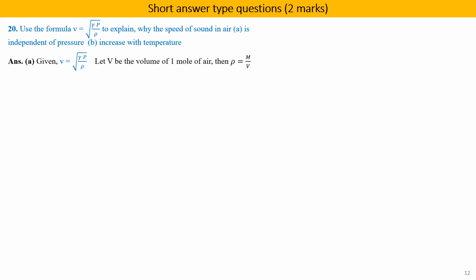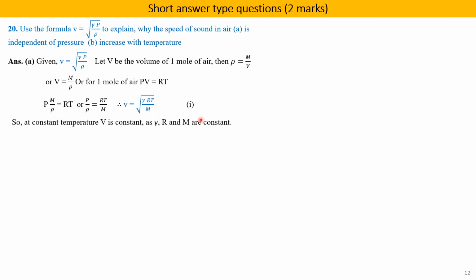Answer. Part A. Given v is equal to square root of gamma p divided by rho. Let V be the volume of 1 mole of air, then rho is equal to M by V, or V is equal to M by rho. For 1 mole of air, PV is equal to RT, or P is equal to RT by V, that is P by rho is equal to RT by M. Therefore, v is equal to square root of gamma RT by M. Let it be equation 1.